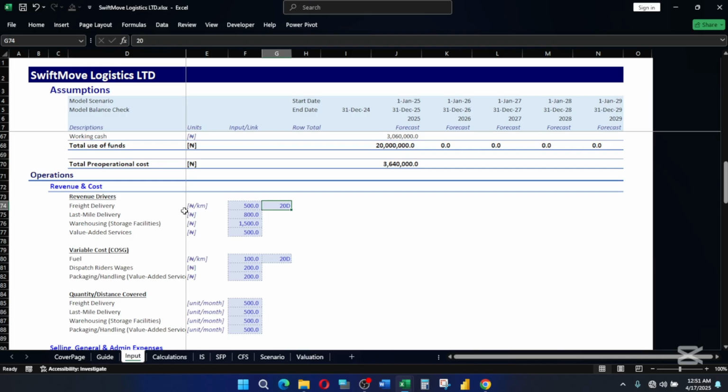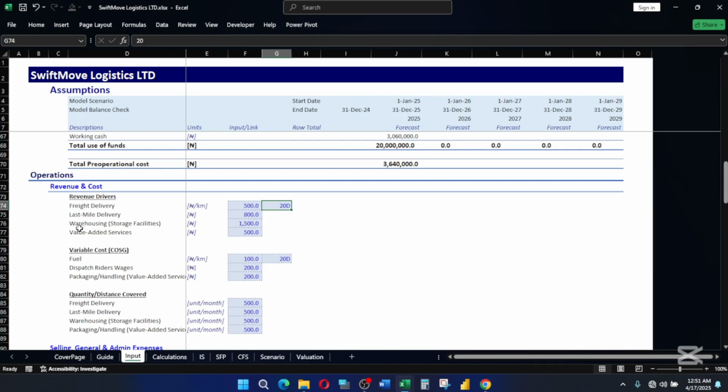Then we have warehousing and storage facilities. We assume that the business is providing warehousing facilities too for some of their parcels, maybe some products the client ships back to their warehouse, and this is what they charge.